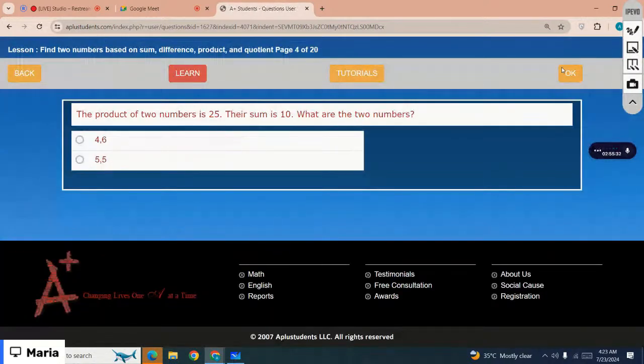The product is 25. Their sum is 10. What are the two numbers? So which is the correct option?